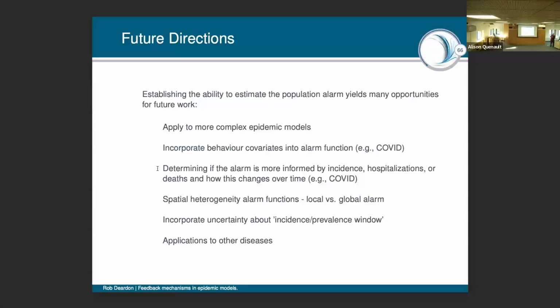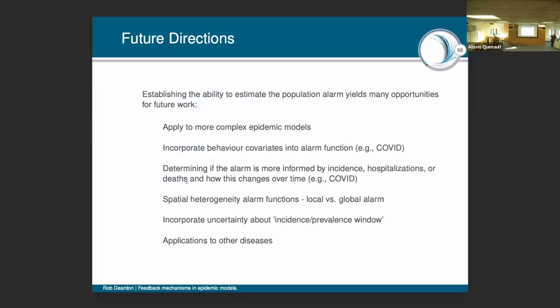Something else Caitlin's been working on is looking at COVID and trying to decide whether the alarm function is better informed by incidents, or case numbers, I should say, hospitalizations or deaths, or some combination of those things. The results so far seem to imply that if you take any two of these things, it tends to give you a better fit, but you don't need all three.